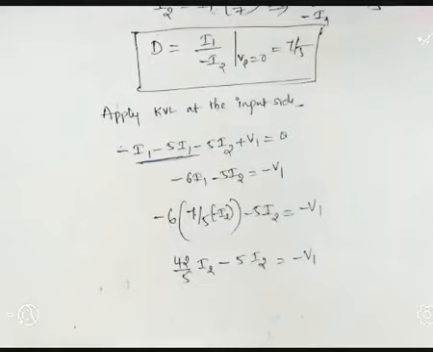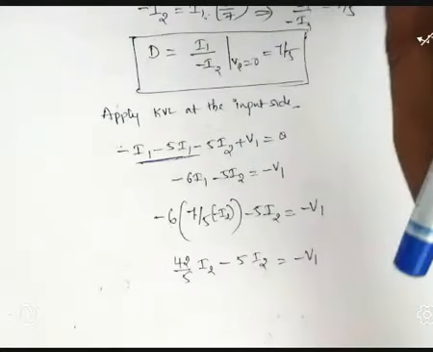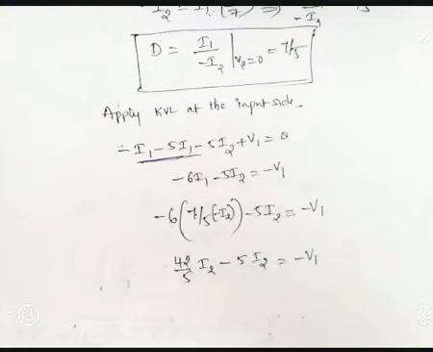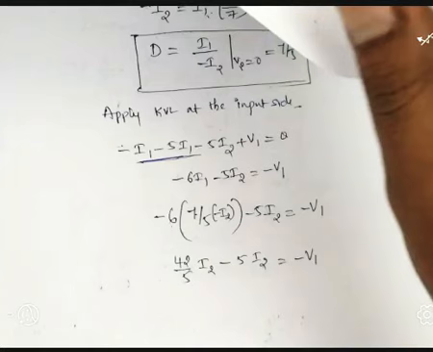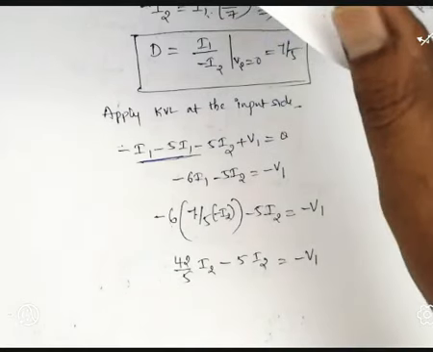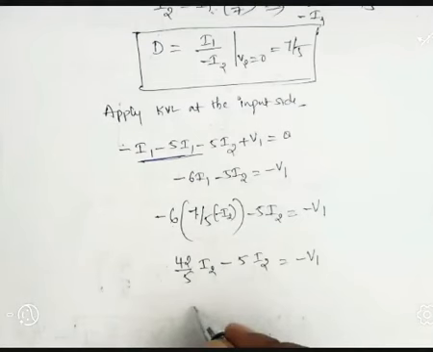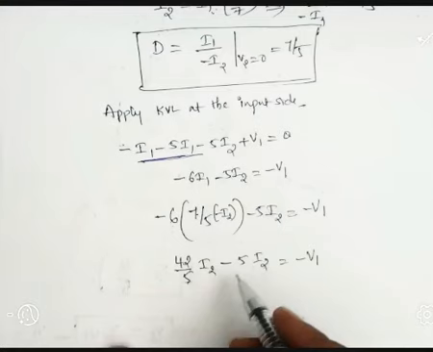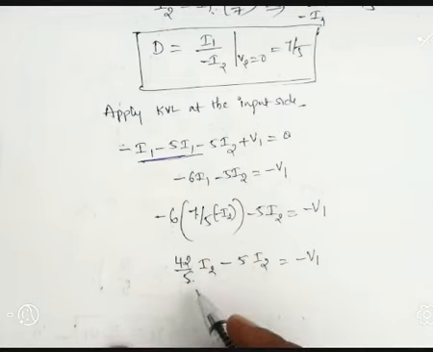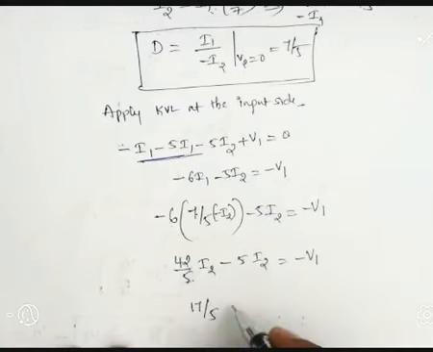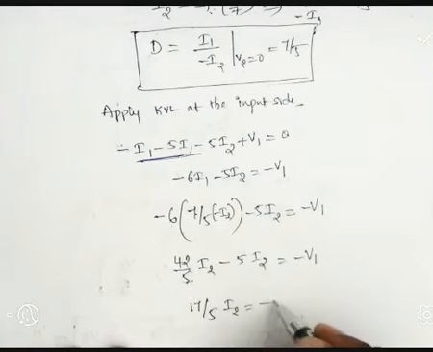Next, take LCM. LCM is 5. 5 into 5, 25. 42 minus 25, that is 17. 17 by 5 I2 is equal to minus V1.